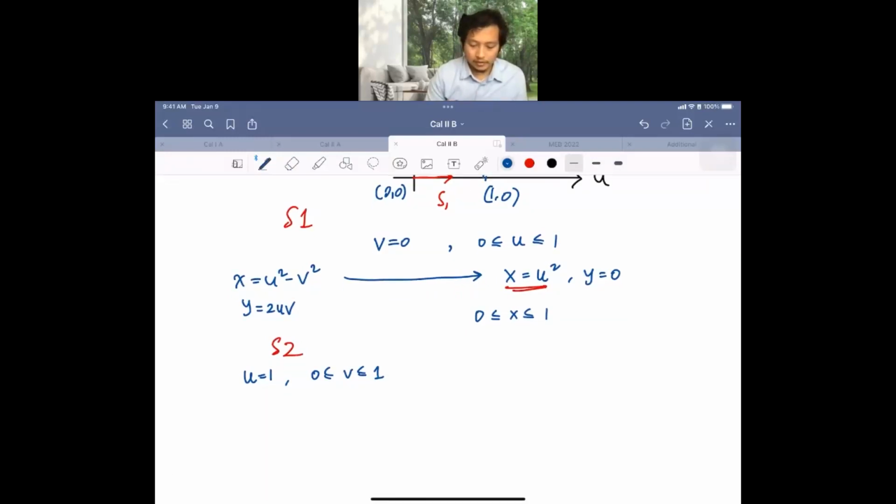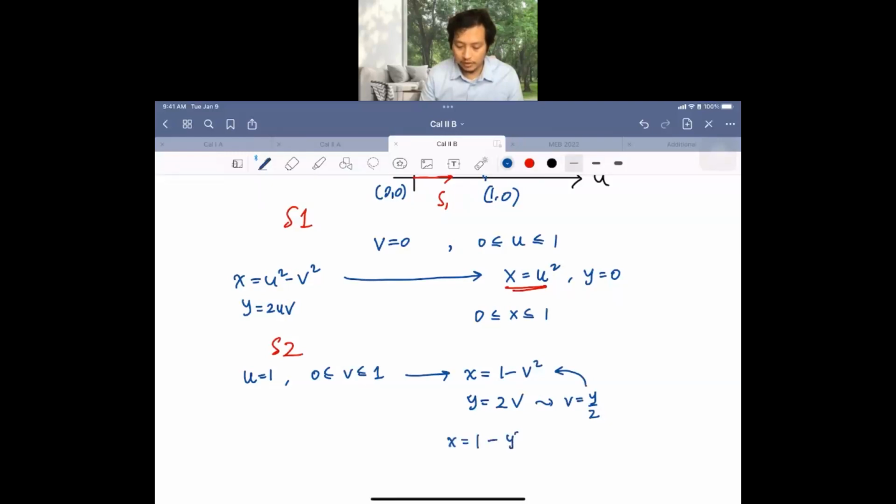By doing this, we get the equations: x is 1 minus v squared, and y is 2v. If we take v as y over 2, then we could write x as 1 minus y squared over 4.